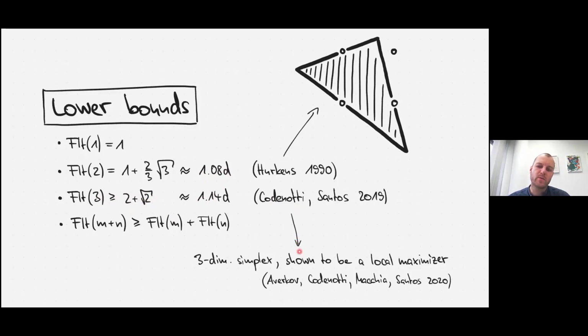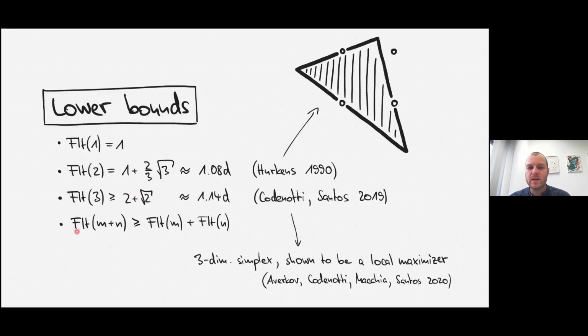What they have been able to prove together with Gennady Averkov and Makai was that this 3-dimensional simplex is a local maximizer of the lattice width among lattice-free convex bodies, which means that whenever you have a lattice-free convex body that is sufficiently close to their simplex, it will have lattice width less or equal to this value. Okay. Good.